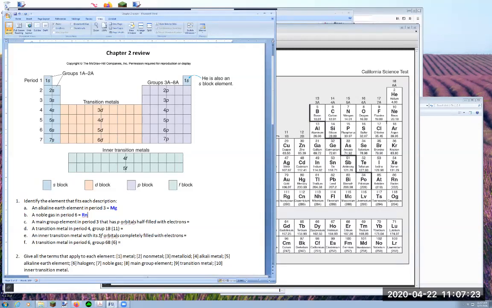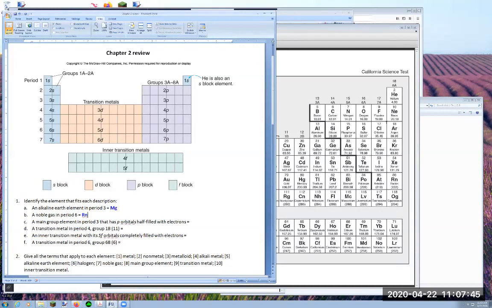And so the p block has 6 columns. And the reason why there are 6 columns is because you can put 6 electrons in the p orbitals. As you go from one element to the next, you add an electron.